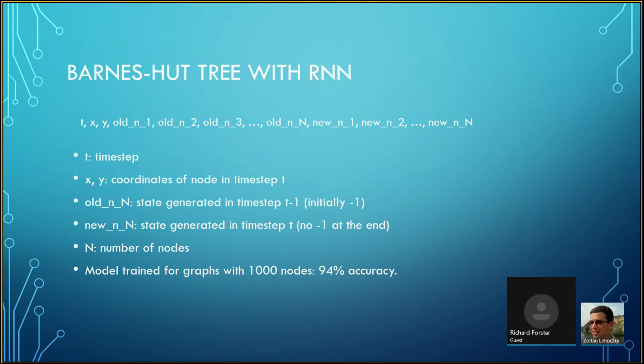Each node will come in one time step, which means that at the beginning you have only one node, in the next time step there will be another node, and so on.